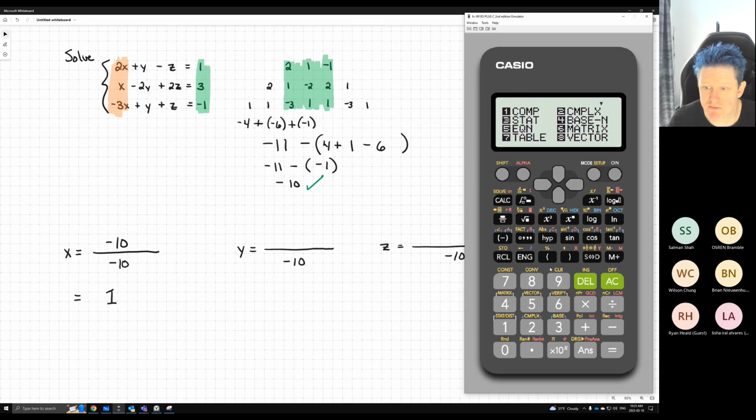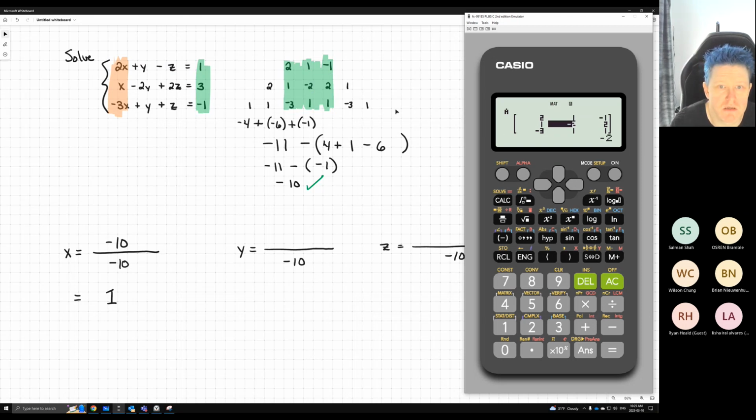Okay, so let's see if we can do that. Now, my matrix has been changed. I need to change the first column back, and we'll leave the second column alone for now. So change the first column back to what it was, 2, 1, -3.